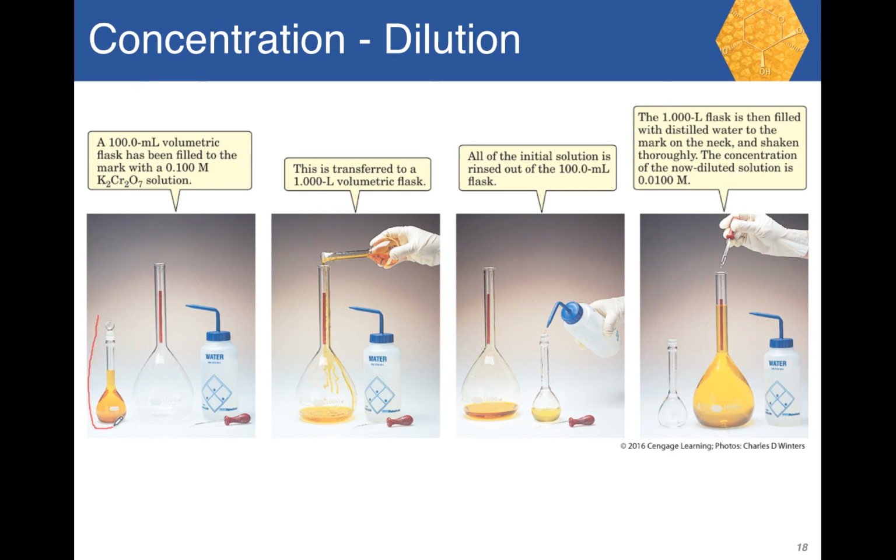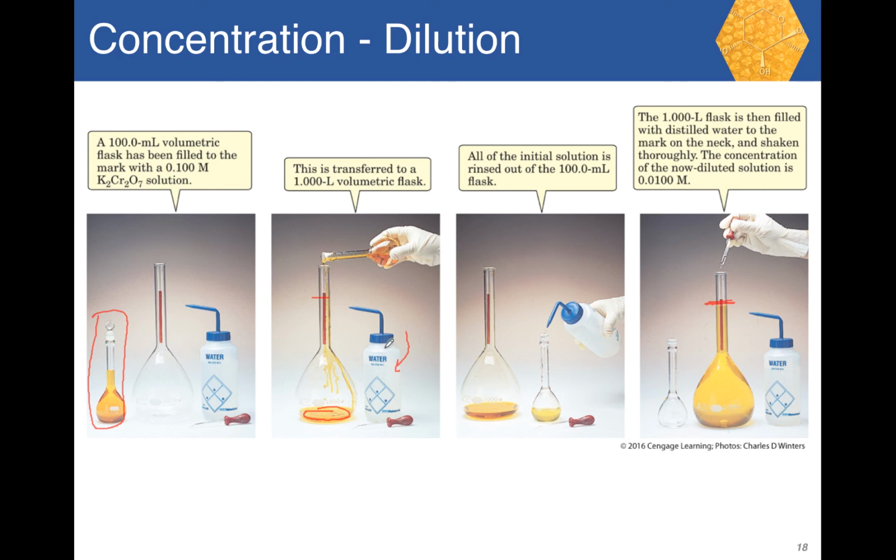Here's your stock solution that you purchased from your company, very concentrated. You add some to a volumetric flask, and that has to be a specific amount. And then your solvent, typically water, is added to dissolve that solution, and of course, the final step is to get the final volume of that solution.